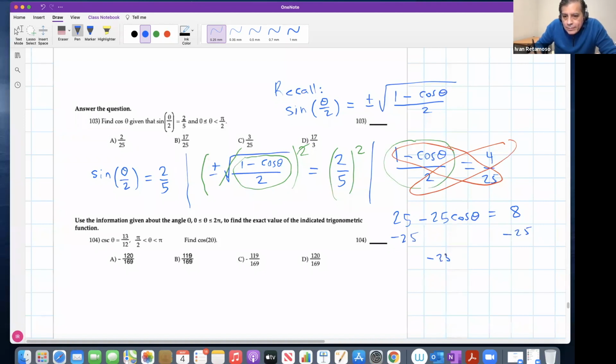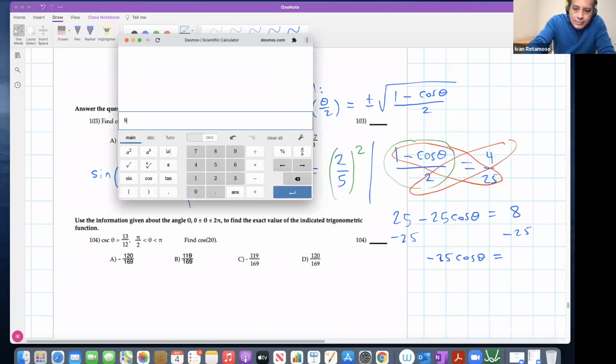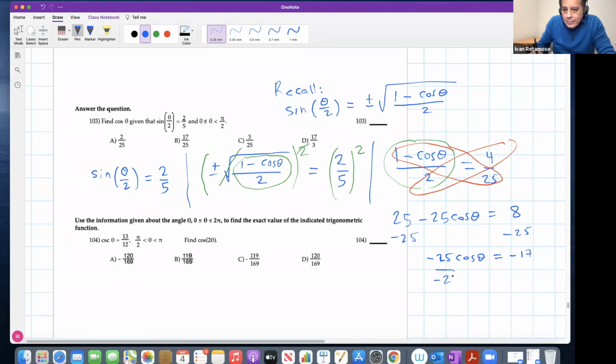You're going to get minus 25 cosine of theta equal to 8 minus 25. What is 8 minus 25? Let's find out. 8 minus 25, negative 17. We're close to the end here, right? Because now all I have to do is divide both sides of the equation by negative 25.